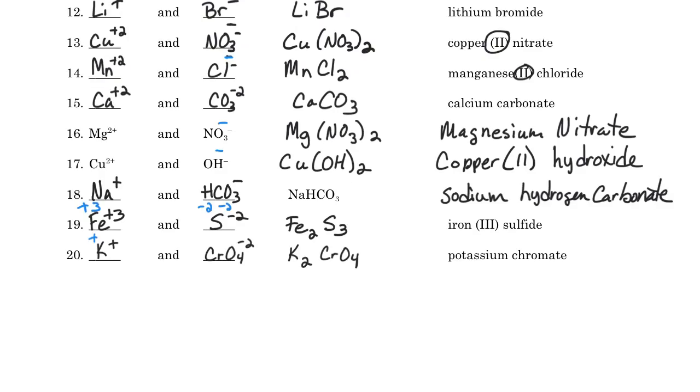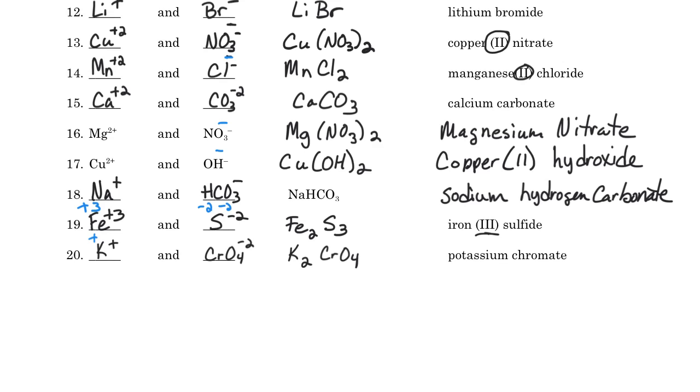All right, here's the rest of the page. We've got 16, 17, 18, 19. 19 was a little bit tricky because sulfur has a -2 charge. Iron, it tells us it's iron 3 sulfide, which means each of those irons has a +3 charge.